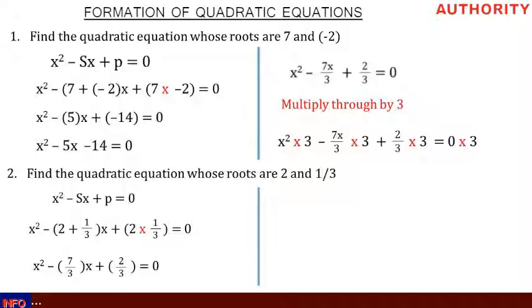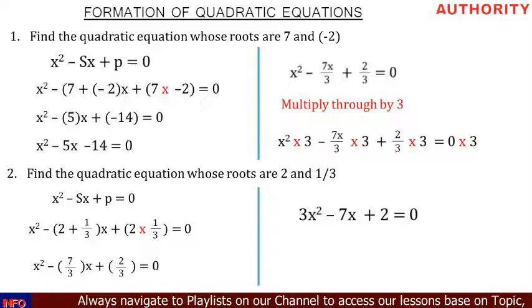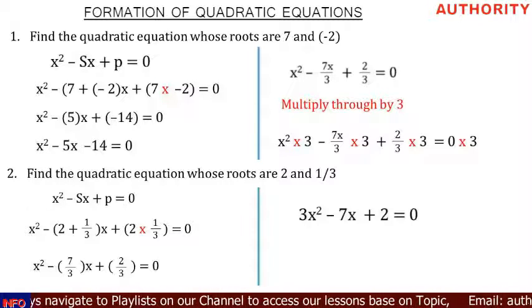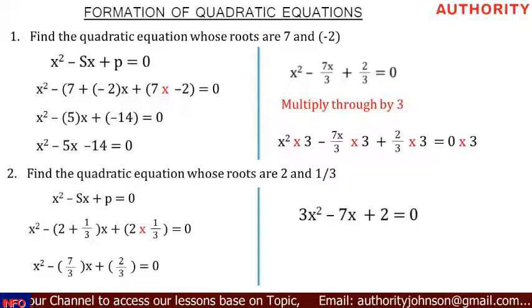In this first place, x squared times 3 is going to give us 3x squared, minus 7x all over 3 times 3. This 3 will cancel 3, we'll be left with 7x, plus 2 all over 3 times 3. This 3 will cancel 3, and we're going to be left with 2, equal to 0 times 3, which is equal to 0.